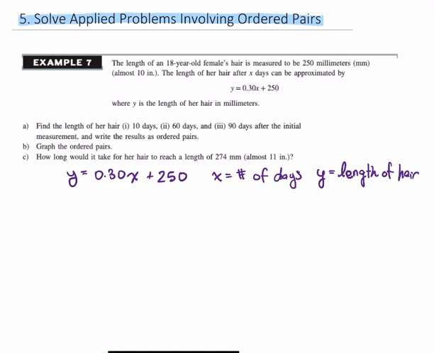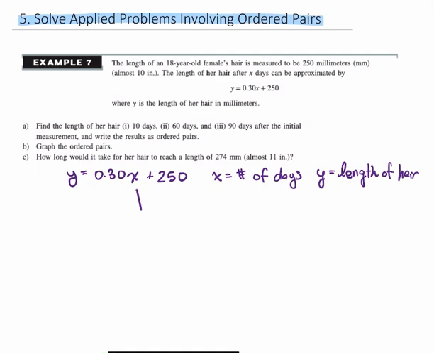So let's just try to make sense of what this equation is saying. At the starting point, we have 250 millimeters, so we can say when x equals 0, meaning no days have passed, this term will get deleted, and we'll just say the length of the hair, which is y, is 250 millimeters, which is what the question told us.